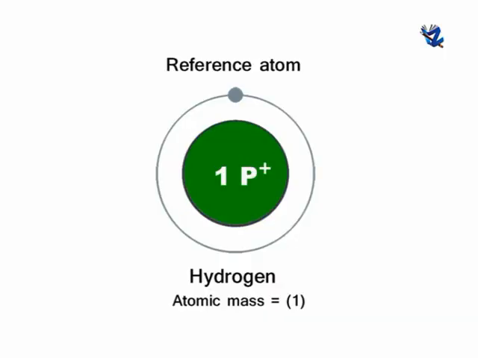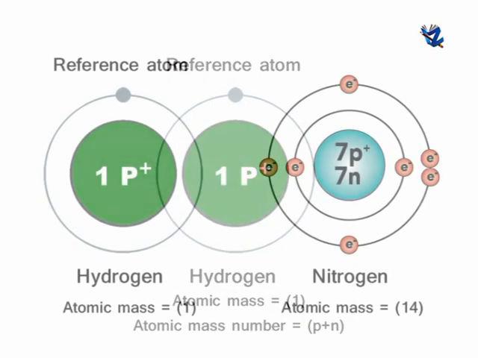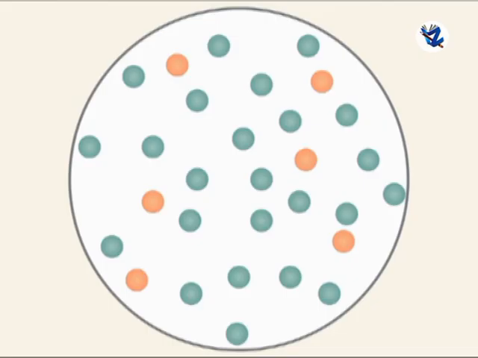Therefore, the magnitude of the relative atomic masses of various atoms became equal to their atomic mass number P plus N. For example, the mass of one nitrogen atom is 14 times that of a hydrogen atom. Therefore, the relative mass of a nitrogen atom is 14.